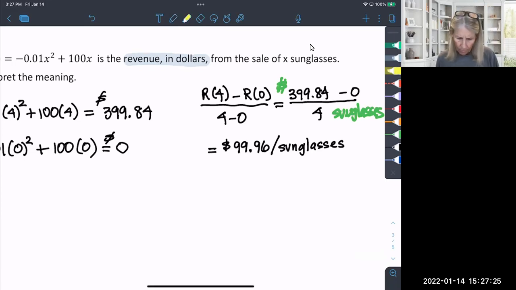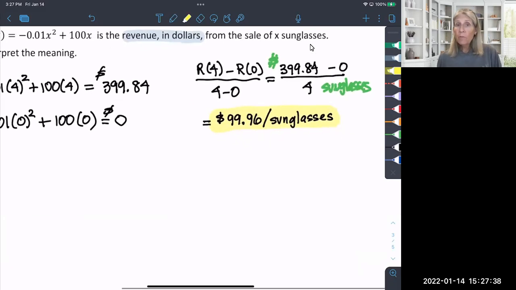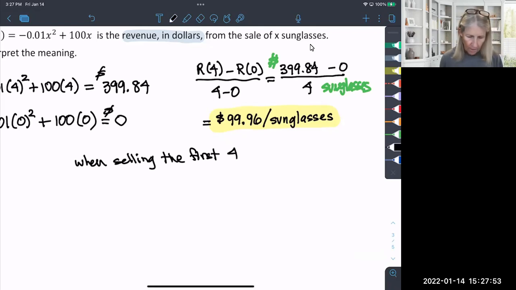Okay, now what is that? So I think this is a revenue function, right? So this is giving us the average revenue change. So 0 to 4 means when you sell from 0 to 4 sunglasses. Okay, so let's see if I can put this in words. So how about this? When selling, let's put it this way, the first 4 sunglasses.